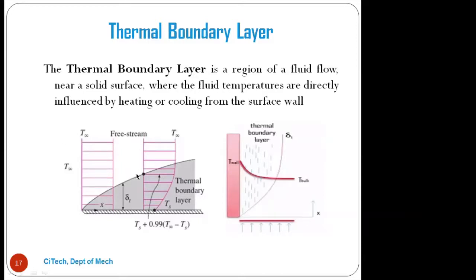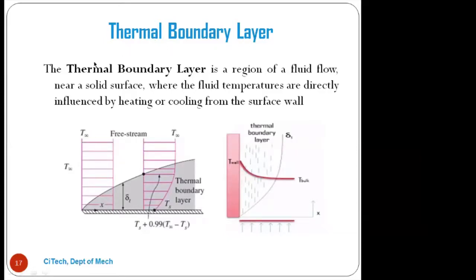That distance is called the thermal boundary layer. What is the meaning of the thermal boundary layer? It is the vertical distance from the surface where the fluid temperature approaches the free-stream temperature of the fluid.